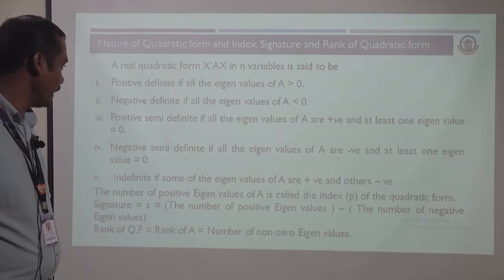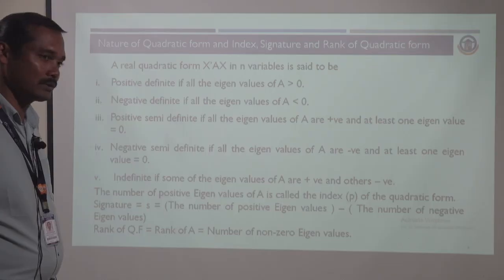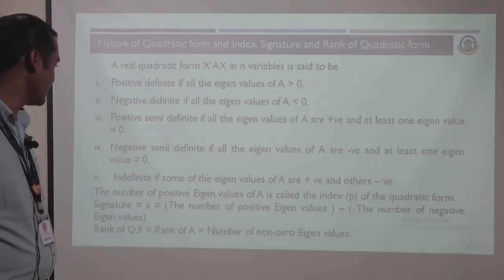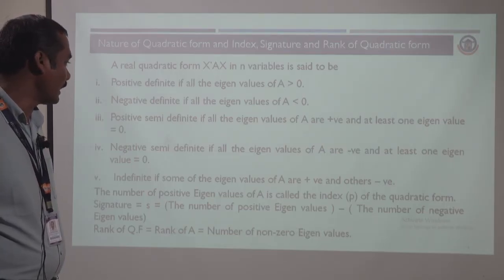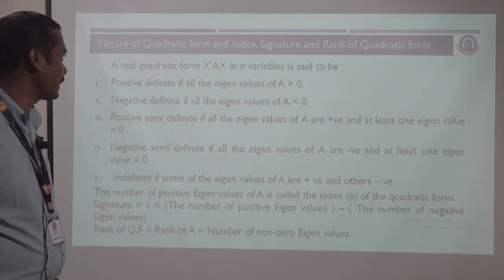Small s is the difference between the number of positive eigenvalues and the number of negative eigenvalues. The last one is the rank of quadratic form. Rank of quadratic form is the same as the rank of A, that means the number of non-zero eigenvalues. So, these are the classification and index, signature and rank of a quadratic form.